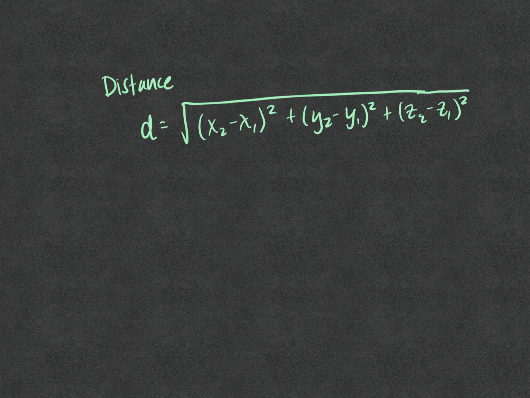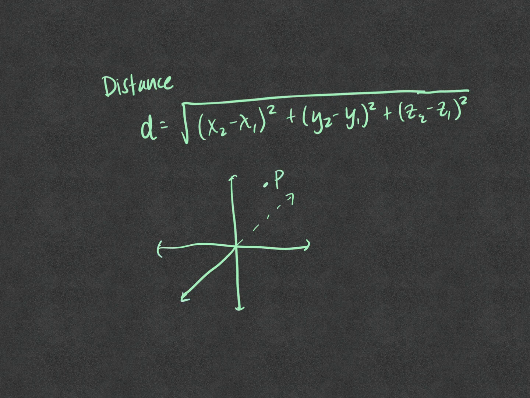You go back to a 3D graph right here, and you're going to pick some point P with x1, y1, z1, and you have another point P, which is x2, y2, z2.